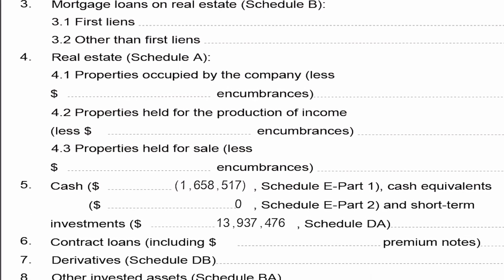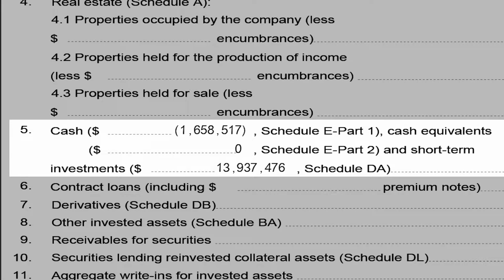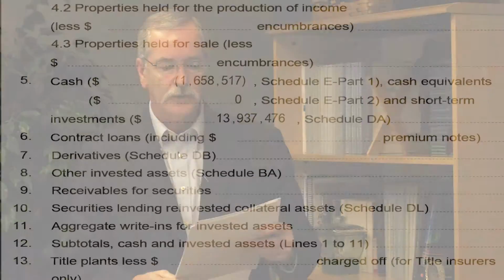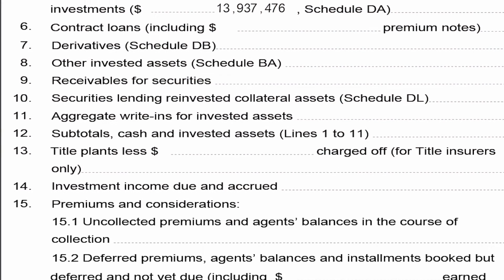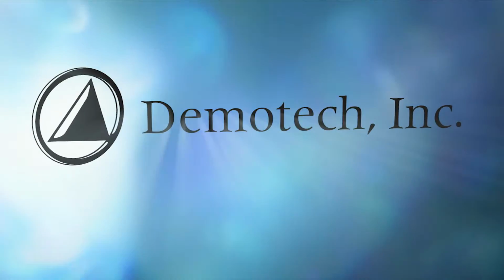Let's move down to line 5. You'll see that there is a line in there for cash. And here again, it's all about the liquidity of these assets, their availability to ultimately pay claims and demands on the insurance company. Line 12 is subtotals, cash and invested assets. That's the total of all the invested assets.